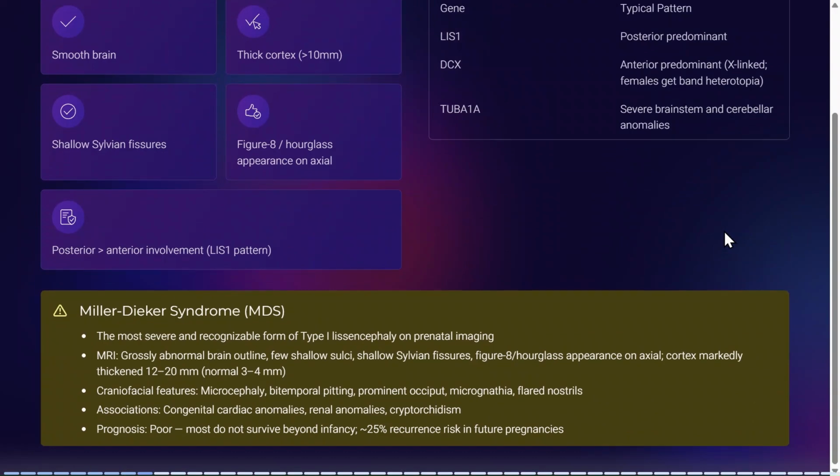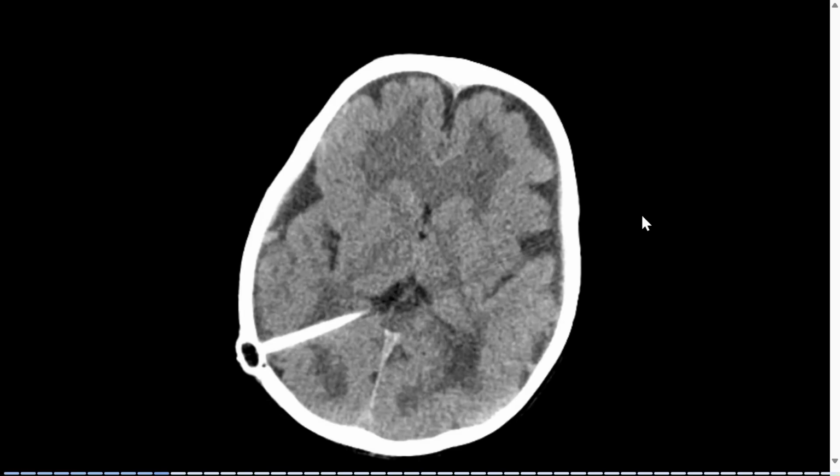So this is important, especially for MCQs, and during day-to-day practice we should know about this, especially when doing our fetal imaging. Okay, so now we have another CT scan, and this CT scan is showing us that there are fewer lobulations along the cortex, and there is some irregular cobblestone-like appearance of the outer cortex.